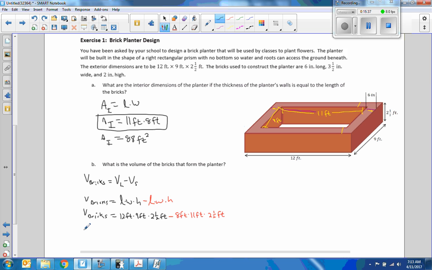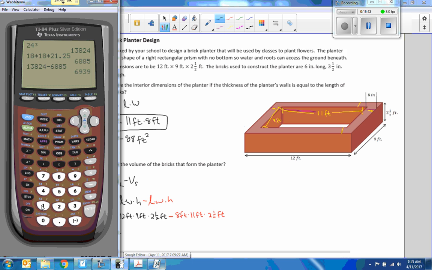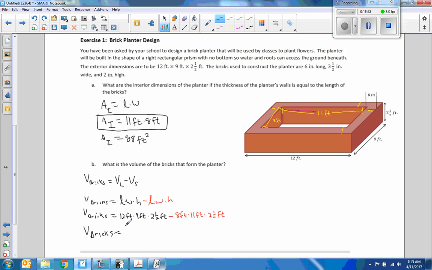So the volume of the bricks equals the larger volume, 9 times 2.5 times..., 270 cubic feet.